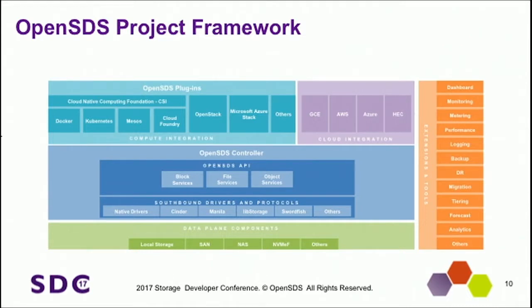Northbound APIs will be able to support Kubernetes, cloud-native applications, and also traditional enterprise software.